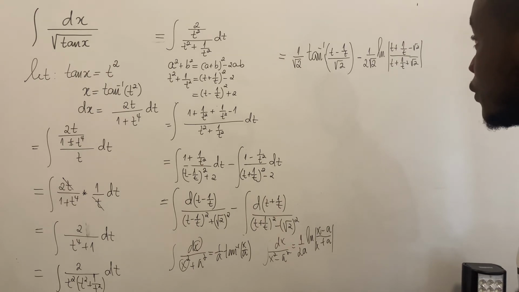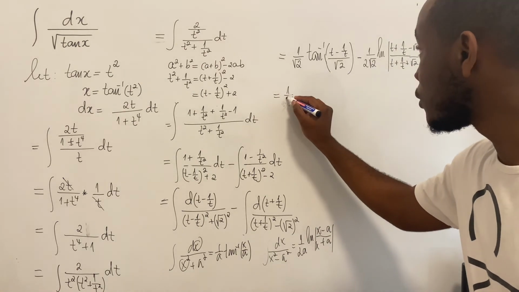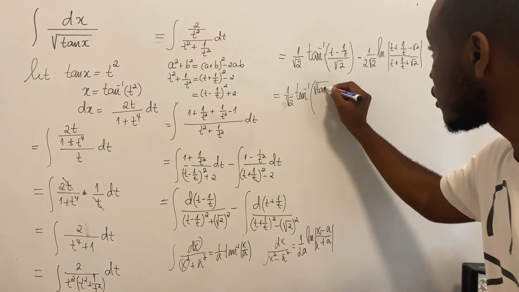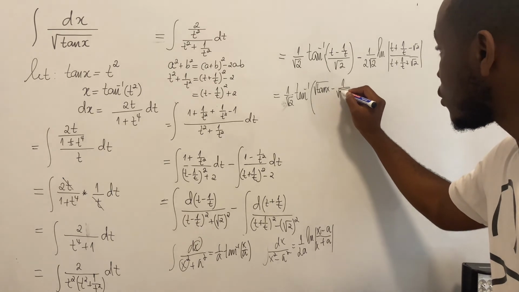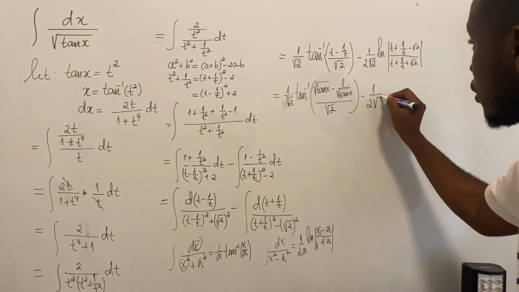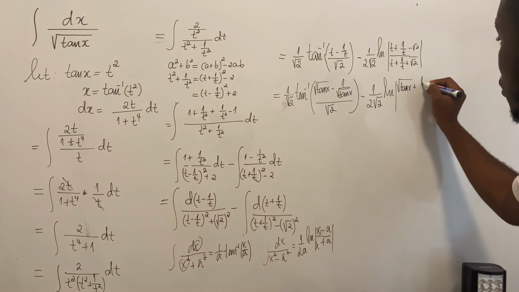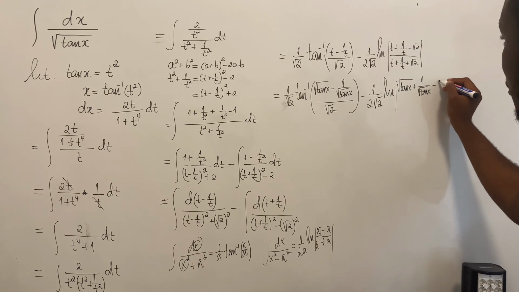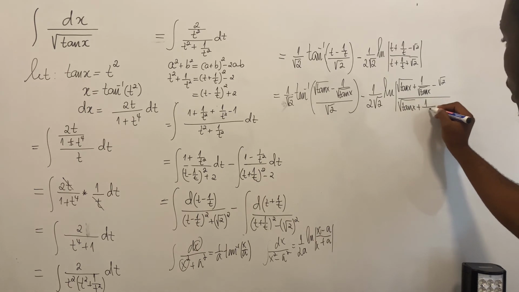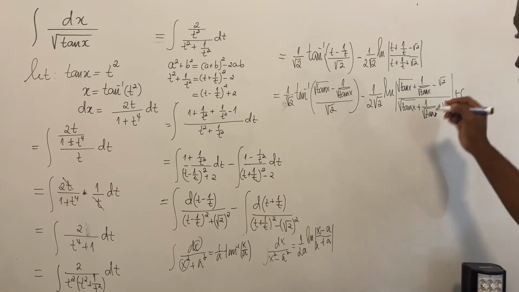Okay, so if t is square root of tan, then in this particular case, our solution will be 1 over square root of 2 inverse tan of x minus 1 over square root of tan of x over square root of 2, minus 1 over 2 square root of 2 ln of square root of tan of x plus 1 over square root of tan of x minus square root of 2 over square root of tan of x plus 1 over square root of tan of x plus square root of 2, plus c.